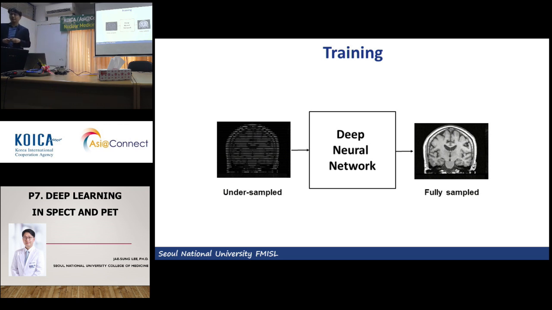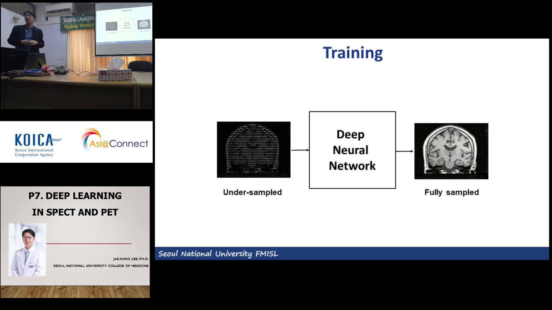But in most clinical data, we acquire only 20 or 25 transaxial slices in MRI to reduce the scan time.